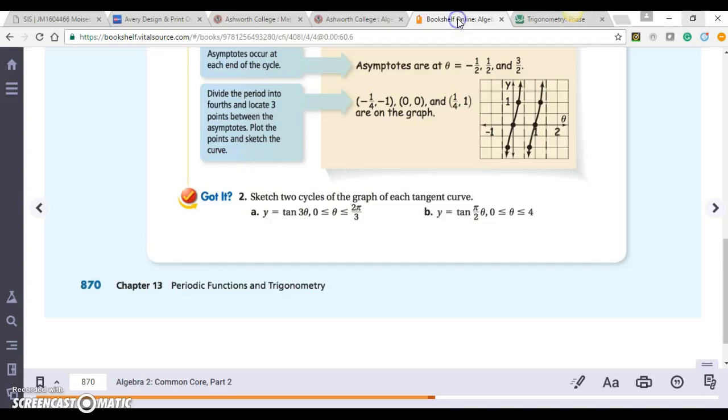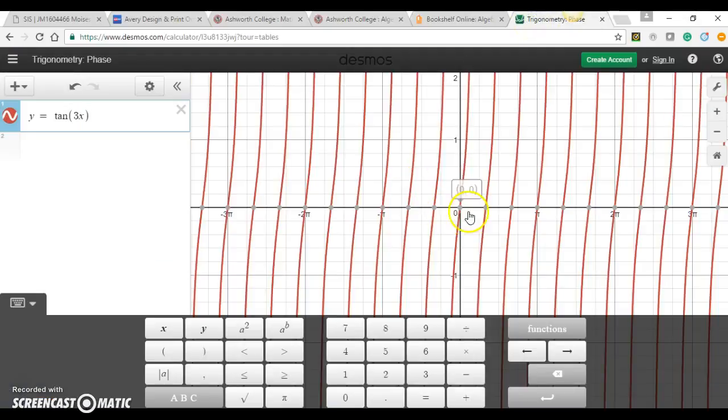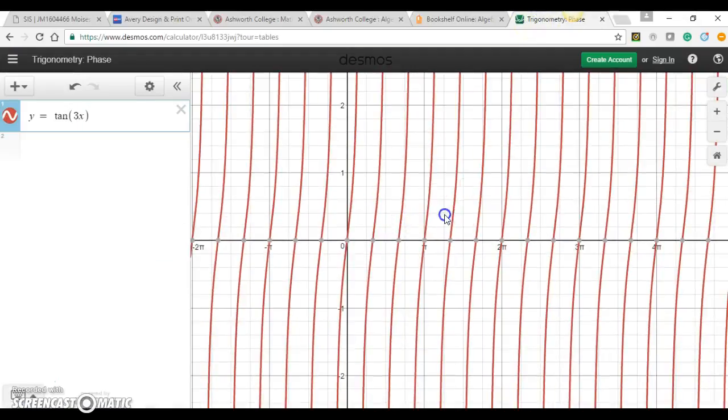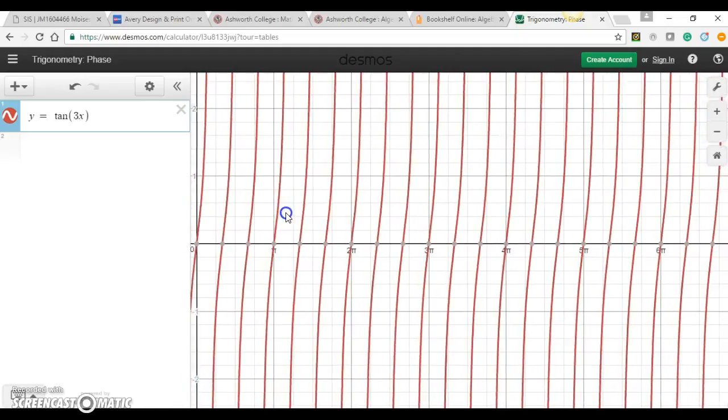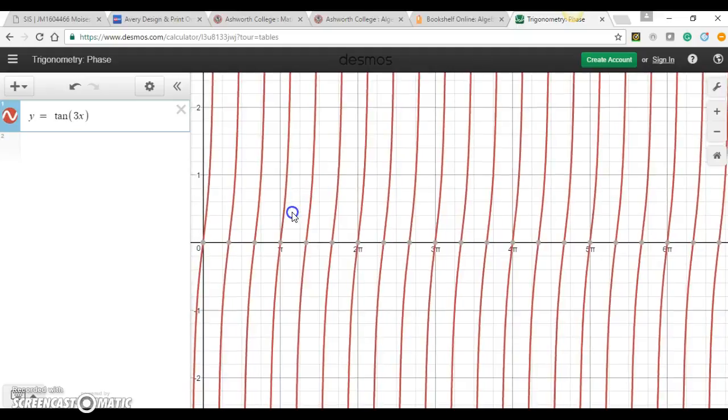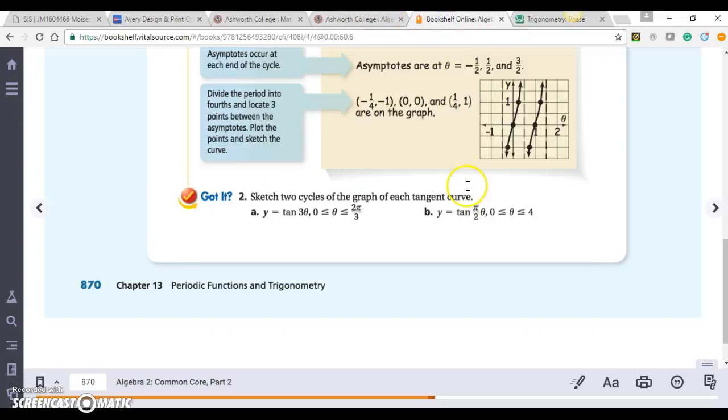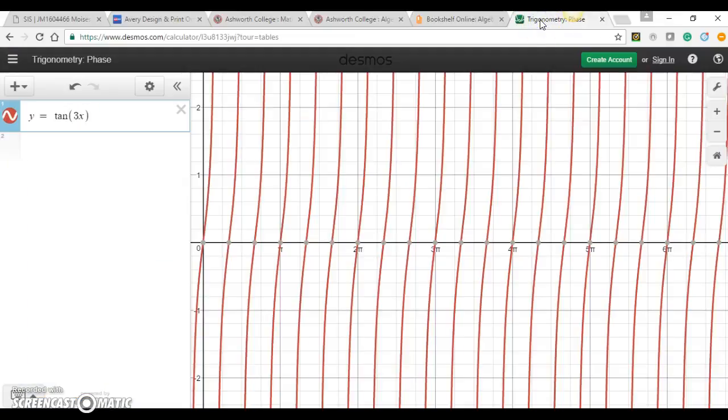So I want to start here at 0, so I can move this over if that helps. So starting here at 0, that's where I'm looking at. So this one actually gets cut off at 2 pi over 3. And we can find that.